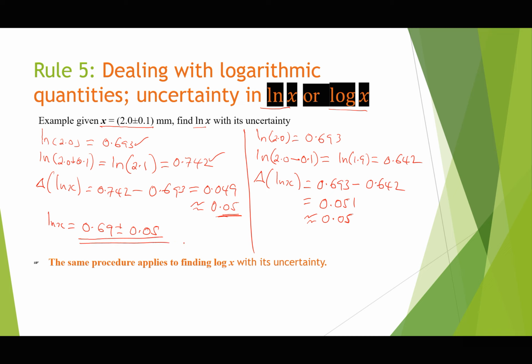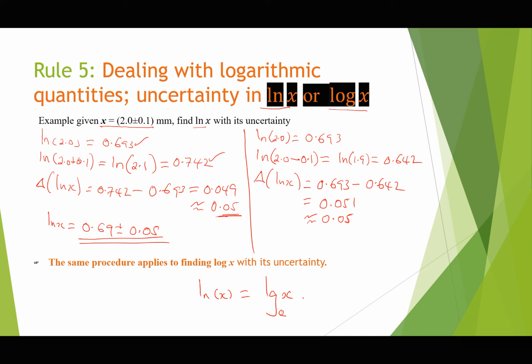I am saying the same approach is used if log of x is to be found. Log of x and ln are treated the same way. For those of you who didn't know, when somebody says ln of x, this person is referring to log, but this time not to base 10, but to base e of x. Log to base e is what we call ln.